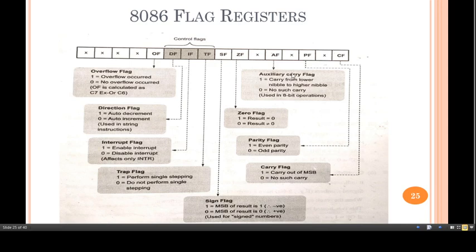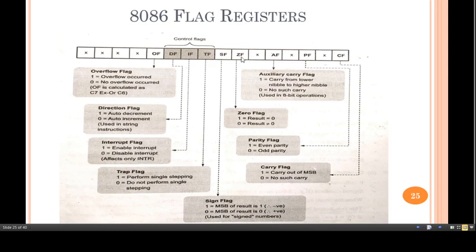After that there is the auxiliary carry flag, AF. Similarly this flag can be either 0 or 1. Whenever a carry is generated from the lower nibble to the higher nibble, the flag is set, and whenever no carry is generated, the flag is 0. Generally this auxiliary carry flag is used in case of 8-bit operations.